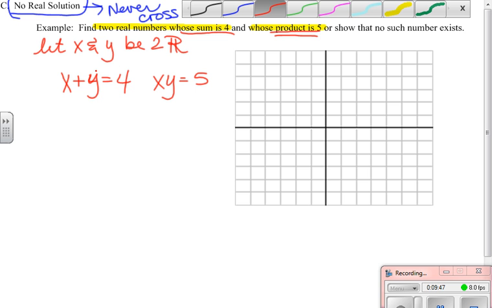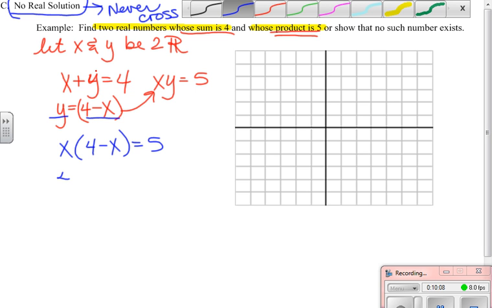Well, I don't know how to graph things with two variables, so I'm going to go ahead and solve this one for y, and then I'm going to use substitution. I'm going to say, wherever there's a y, I'm going to replace it. And so I'm going to have x times 4 minus x equals 5.